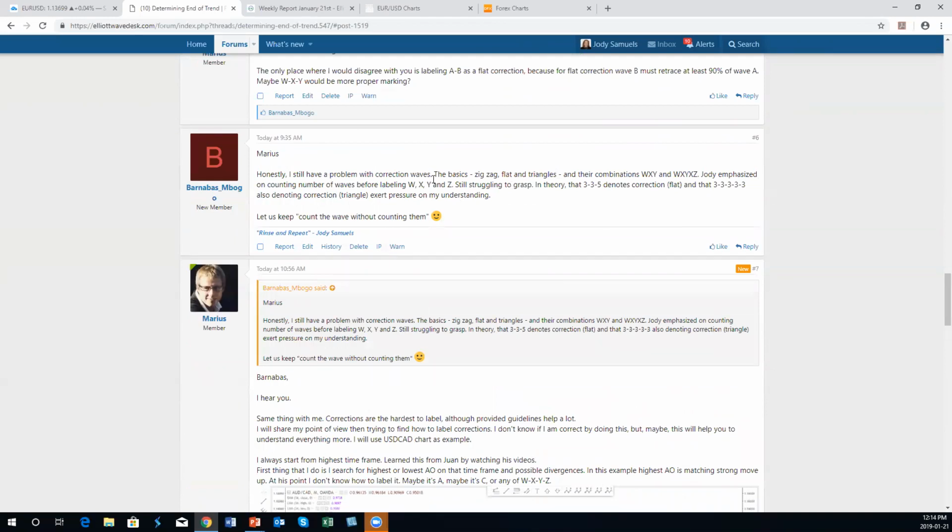Honestly, I still have a problem with corrective waves, the basic zigzag, flattened triangles and their combinations, WXY and WXYXZ. Jody emphasized on counting the number of waves before labeling WXYXZ. Still struggling to grasp. Right, because when we use a WXY instead of an ABC, it means that an A has 5 waves and a W has 3 waves.